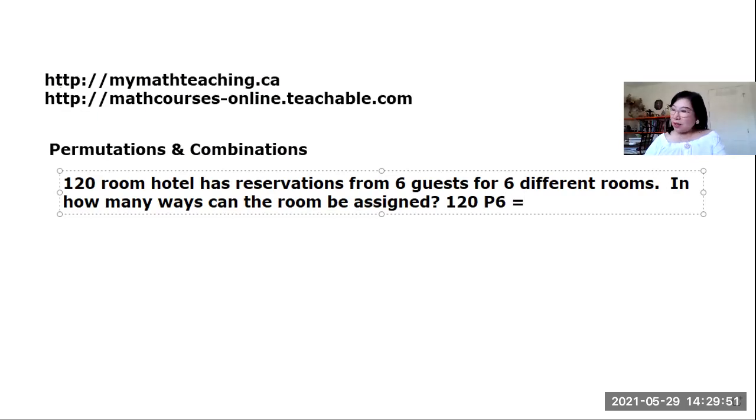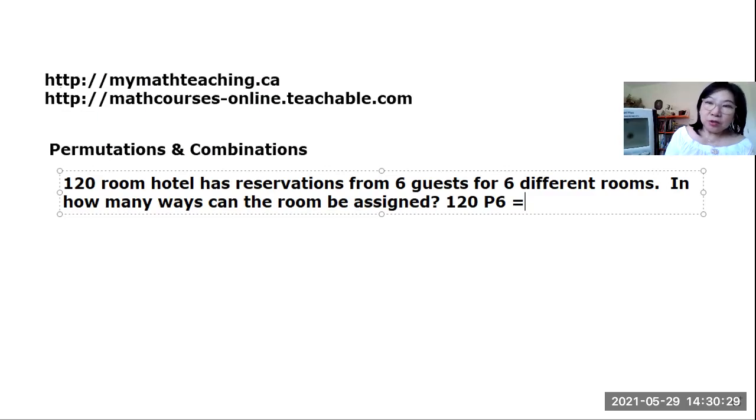And for 120P6, if you use a calculator, I have already shown you before how you can use a calculator. So I don't want to take a lot of time today. Maybe I just remind you. You can key in 120, and key in math, and then move your cursor to the last number, and then you can key in the number 2.